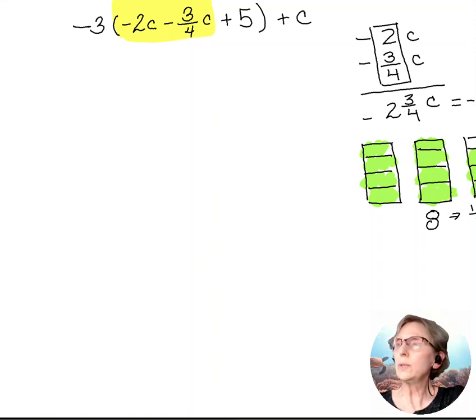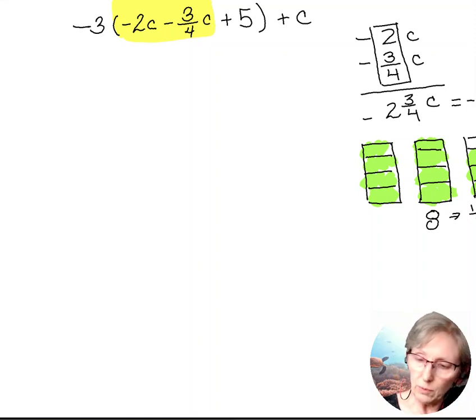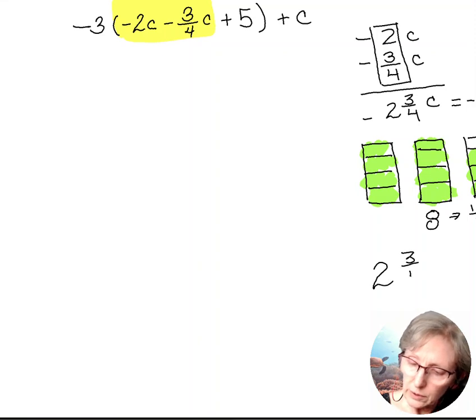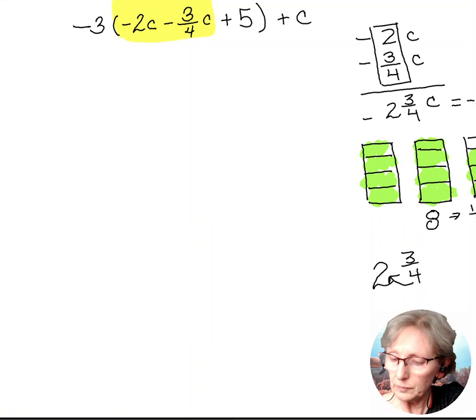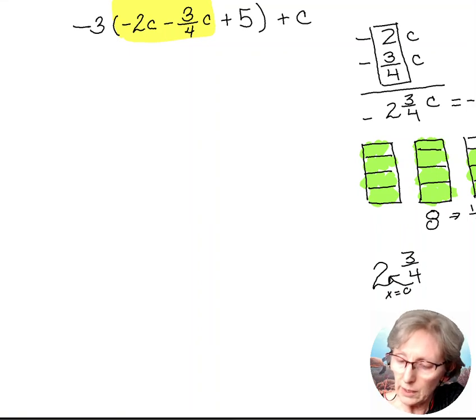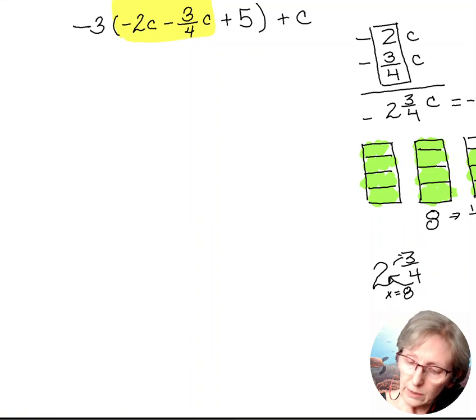Or if you do it the formula way, if I have 2 and 3/4, you multiply the denominator times the whole number, equals 8. And then you add that to the numerator.